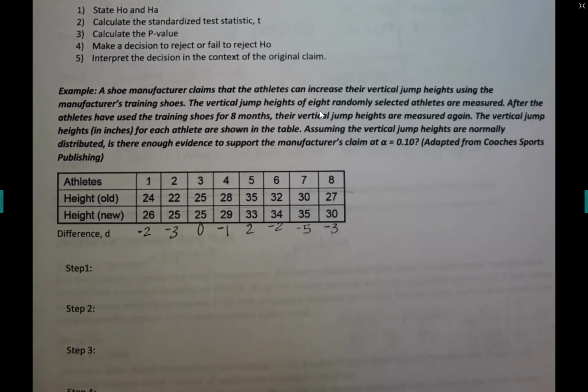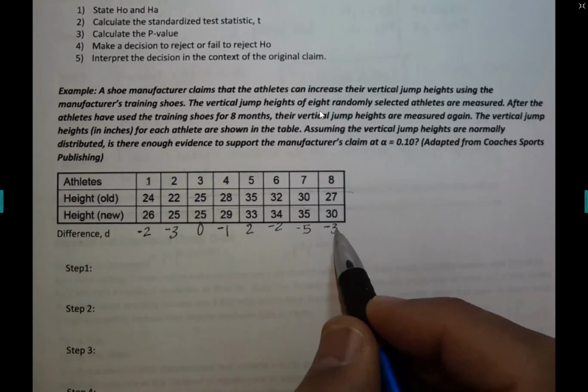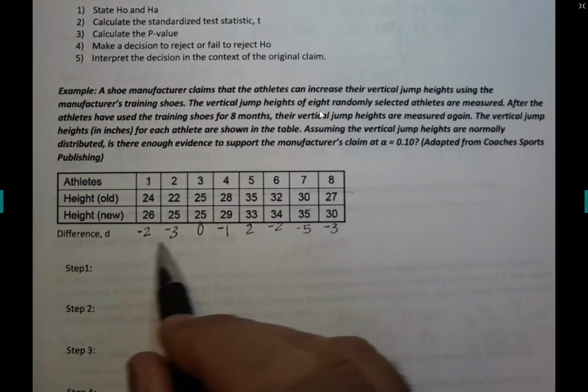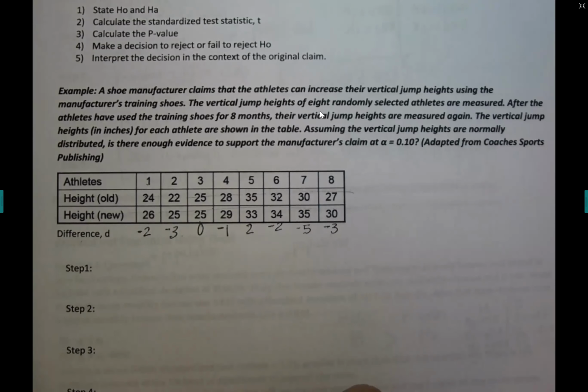So when you do 2 dependent samples, it turns out to be 1 sample only, which is the difference. In order for this to work, would you agree with me that we want the difference to be negative? Yes or no? If it is working. Okay. Yes, we want the difference to be negative.